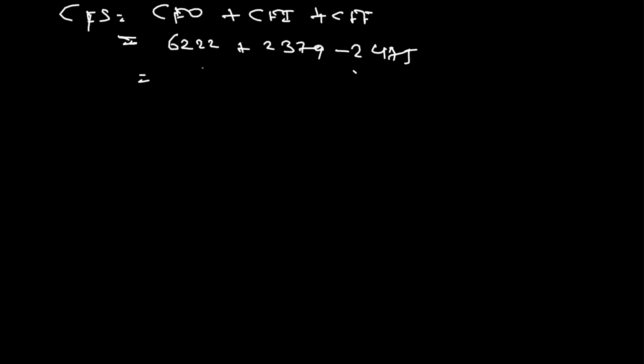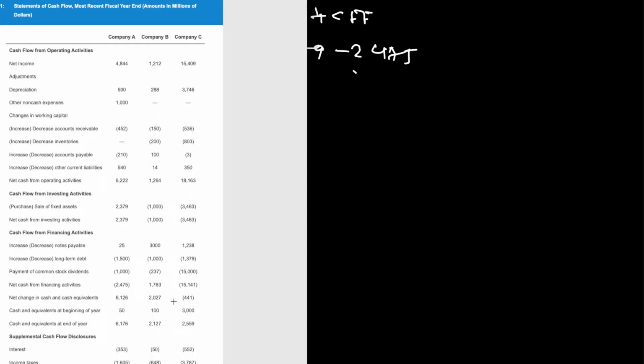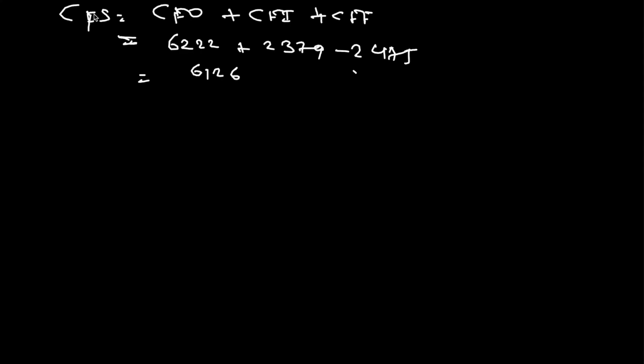That is 6126. Similarly, you can do it for company B and C. Another way is, because they have given the beginning and ending cash, 50 and 6176, if you subtract this, you will get 6126, this number. So this is just one way to cross check this.